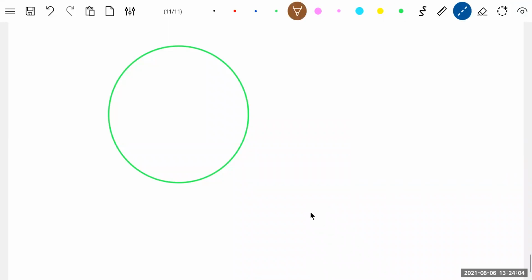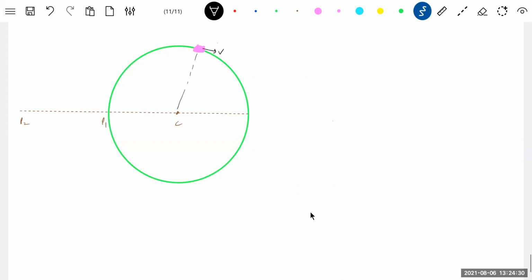Now, the reference point, I can change it. Let me start with point O, P1, P2. This is the center of the circle. The object is here. It is moving with a constant speed in a circular path of radius r. These points are also at a distance r.